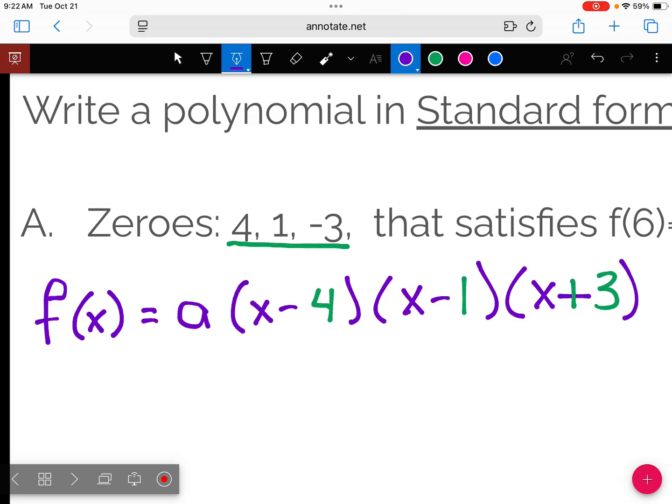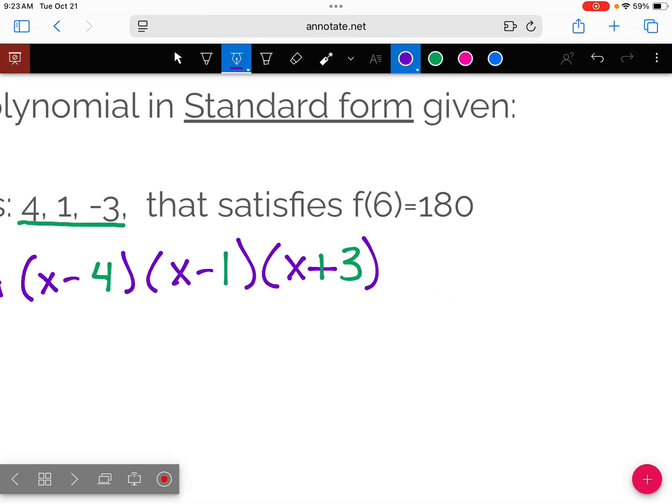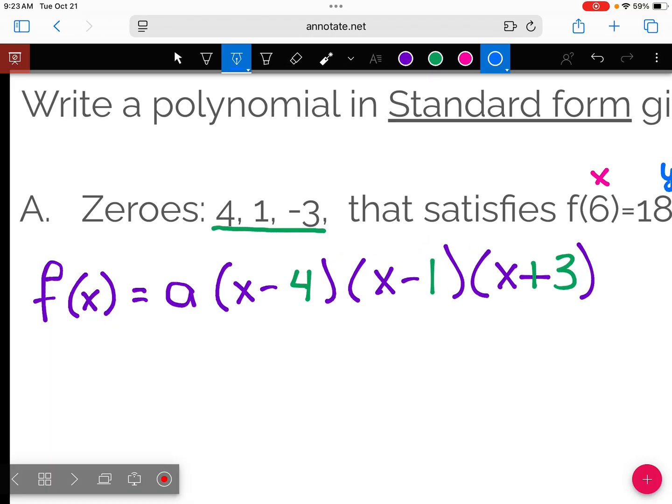What can I do to try and figure out what a is going to be if I know this information? This is saying that when x equals 6, f of x equals 180. So I have an x, I have a y, we can solve for a. I'm going to substitute in the 6 for x, and the 180 is our y.